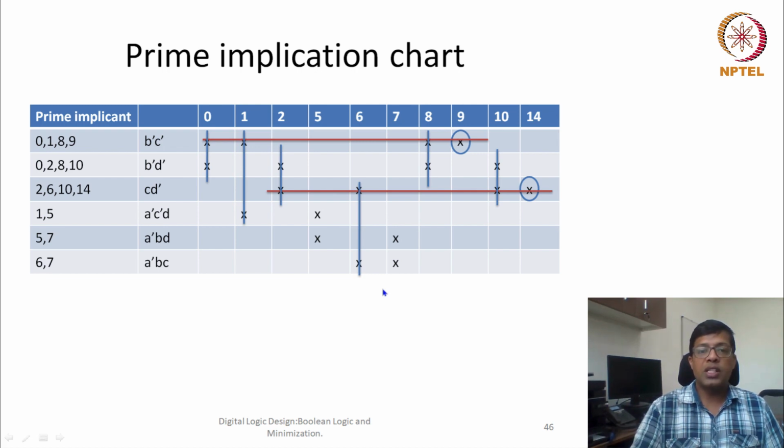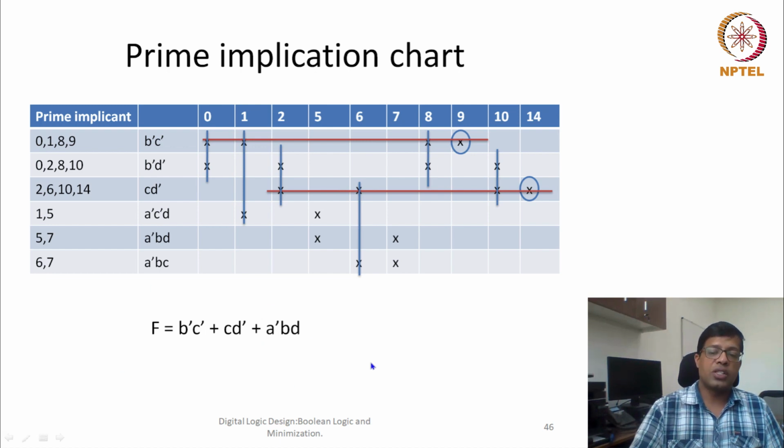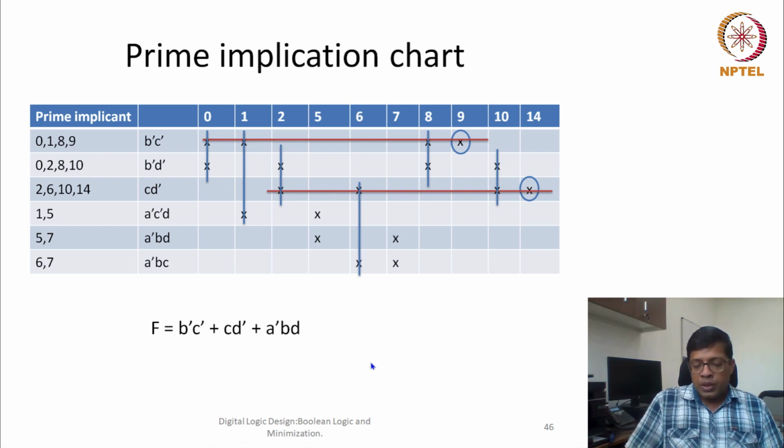So our final solution could be these three terms: b dash c dash plus c d dash plus a dash b d. So this could be our final solution. This is how the covering phase would finish.